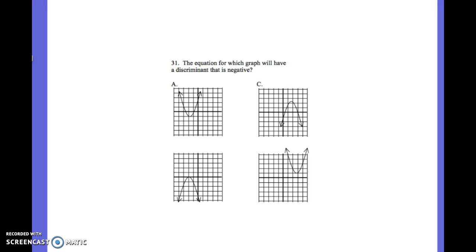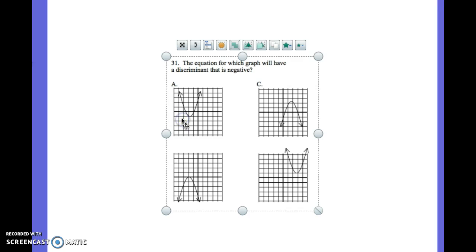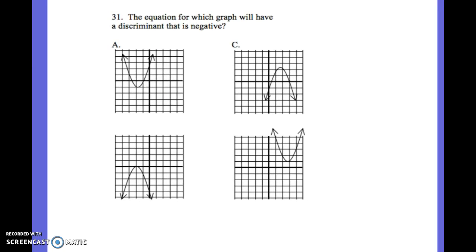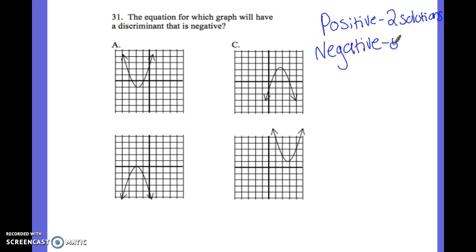Number 31, the equation for which graph would have a discriminant that is negative. Remember, for discriminants, if it's positive, you get 2 solutions. If it's negative, you get none.